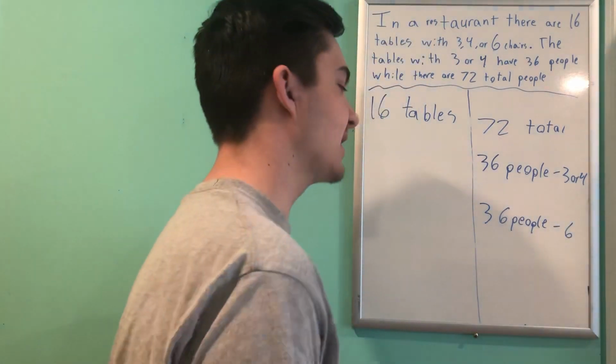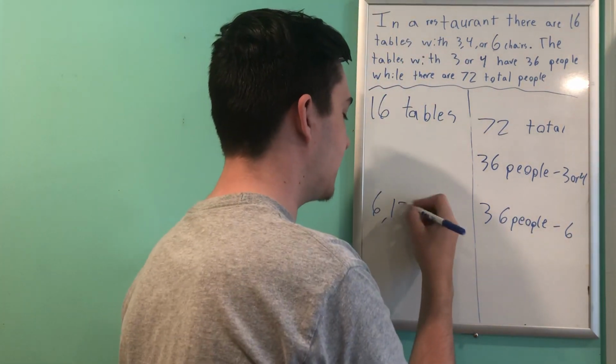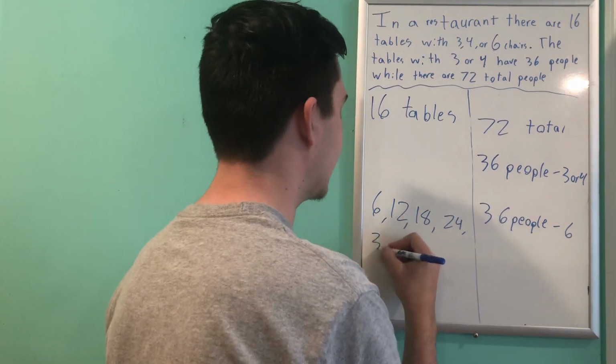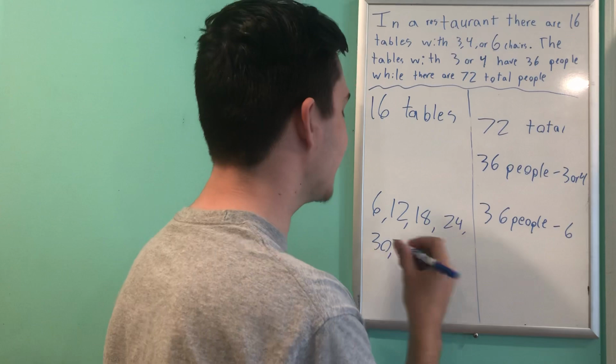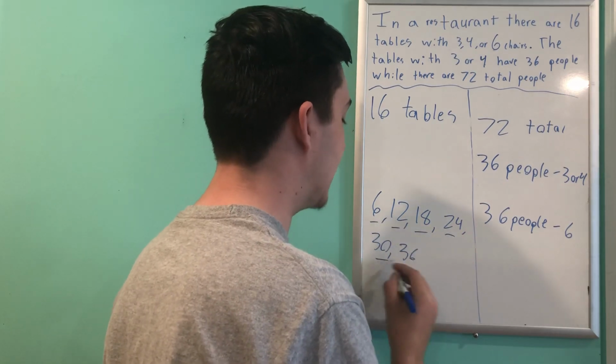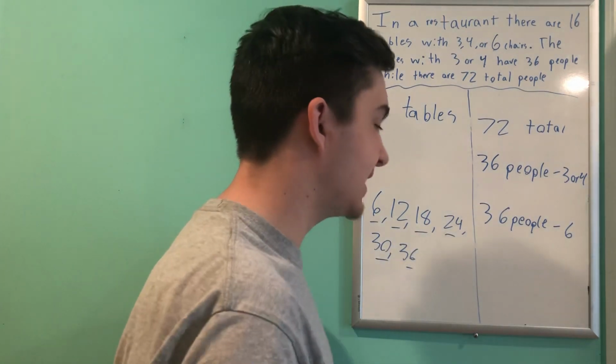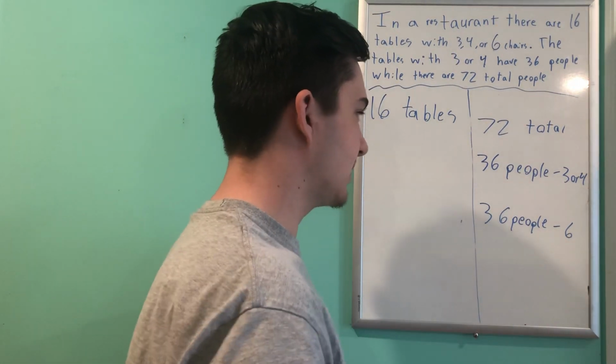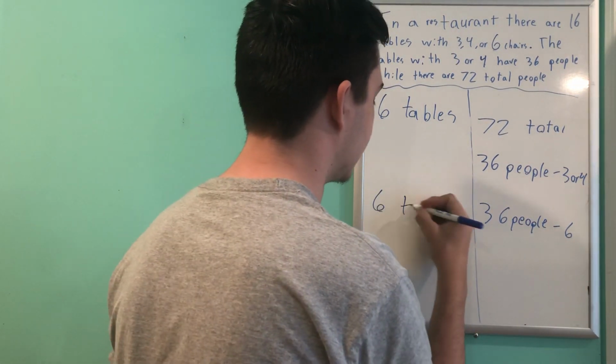So let's see how many that is. So we have 6, 12, 18, 24, 30, 36. So how many is that? 1, 2, 3, 4, 5, 6. So that means there are 6 tables that have 6 chairs. All right, so there are 6 tables here.